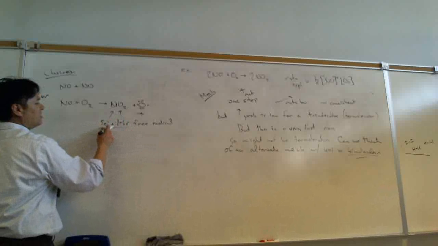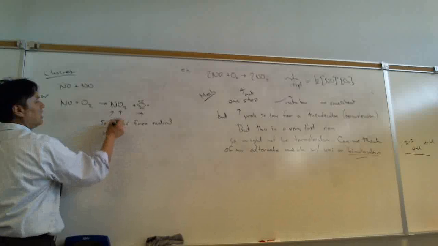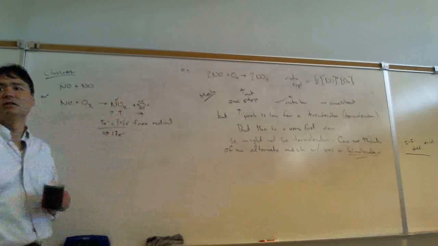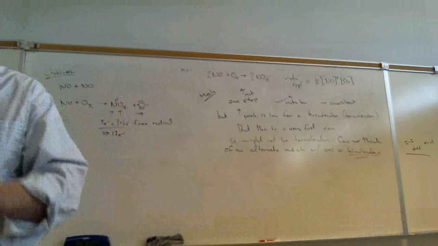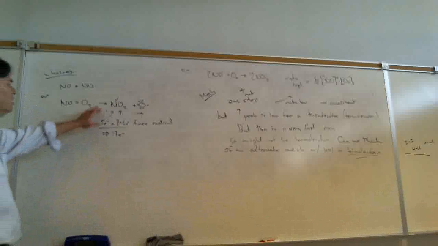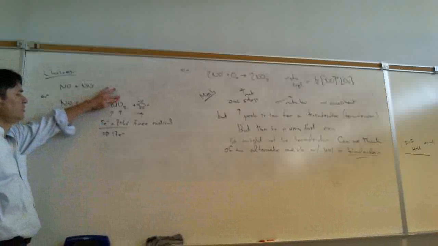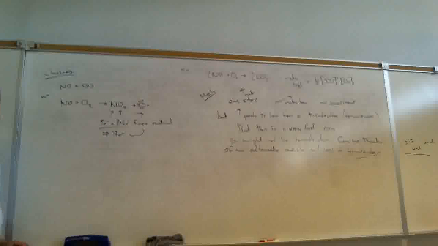So 5 plus 2 times 6 gives us 17 electrons. NO2 is a free radical also. Anything with an odd number of electrons is what we call a free radical. Free radicals are unstable because they have that odd number of electrons.